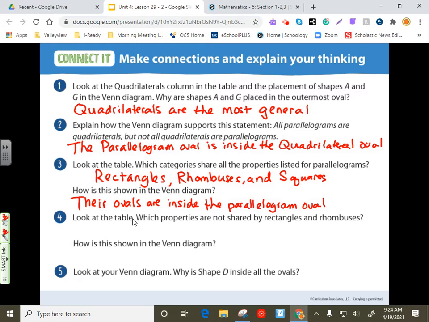So if you look and compare them, notice those last 2 properties are the ones where they are not shared. Rhombuses has 4 sides of equal length, but rectangles doesn't. Rectangles has 4 right angles, and rhombuses doesn't. So it is 4 sides of equal length, and the other one is 4 right angles.